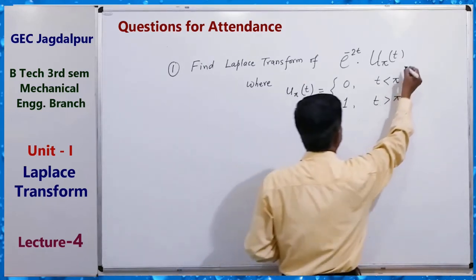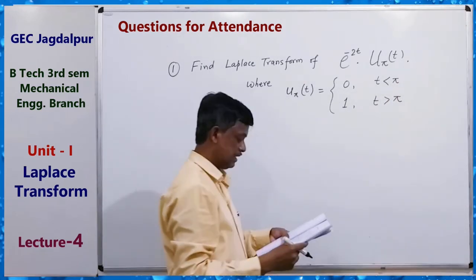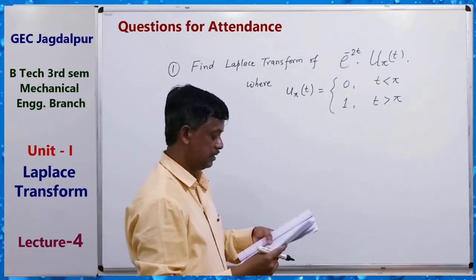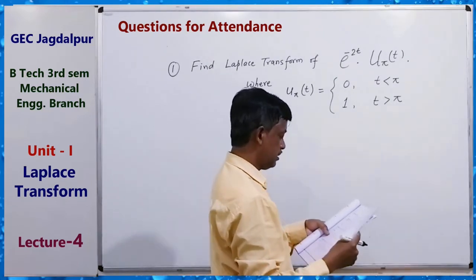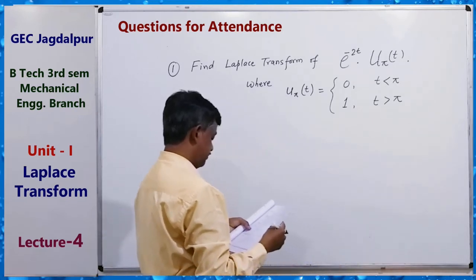Here, t less than pi gives 0, t greater than pi gives 1. Okay.